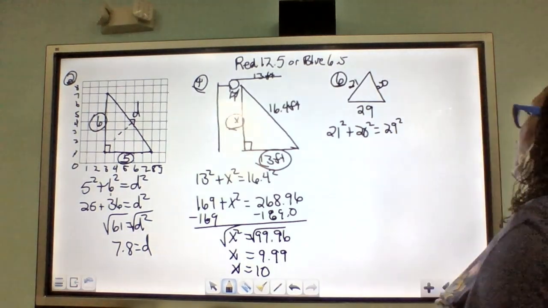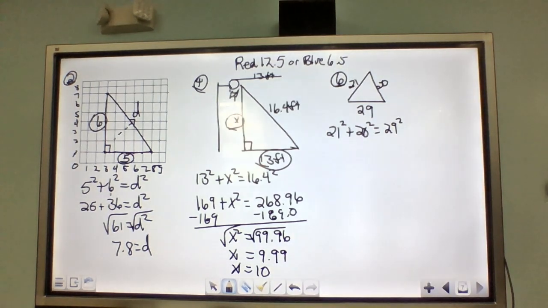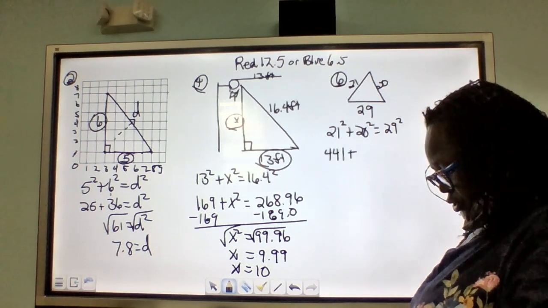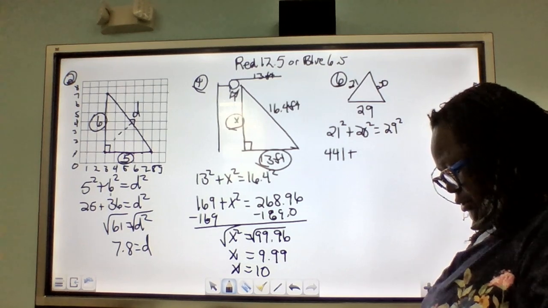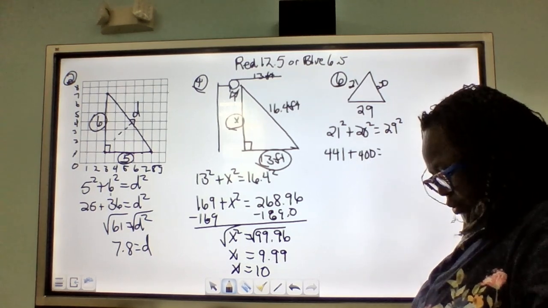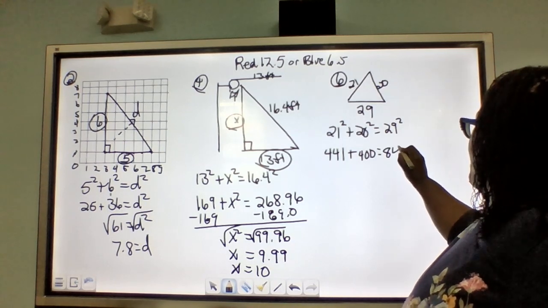All right, so in that case, you take our calculator, and we say 21 squared is 441 plus 20 squared is 400 equals 29 squared is 841.